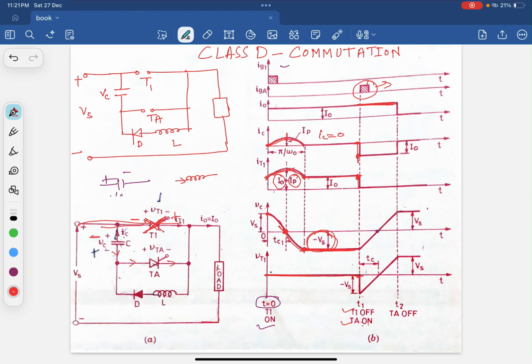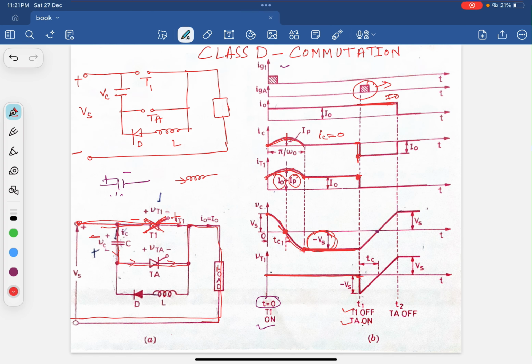Because this thyristor is commutated and no current flows through IT1. The current is almost 0, but the load current is constant. The reason is that now the current passes through this path, through the auxiliary thyristor, then to the load. So the path of the load current is changed, but the load current is still constant.